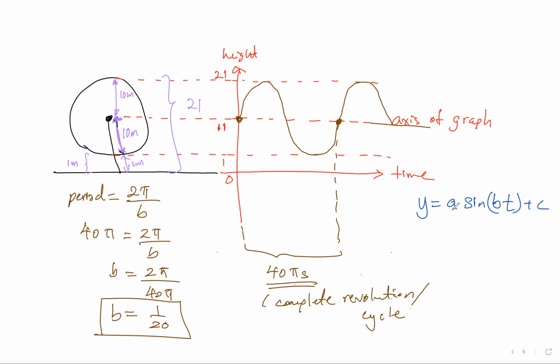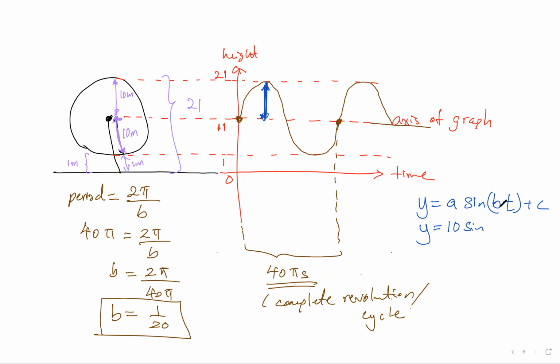So we know a. A is from here to here. A is your amplitude. So your amplitude is how much? Guys, what is your amplitude? 10, right? Amplitude is 10. Okay, 21 minus 11, that way also can. Or just take into consideration the radius is also 10.